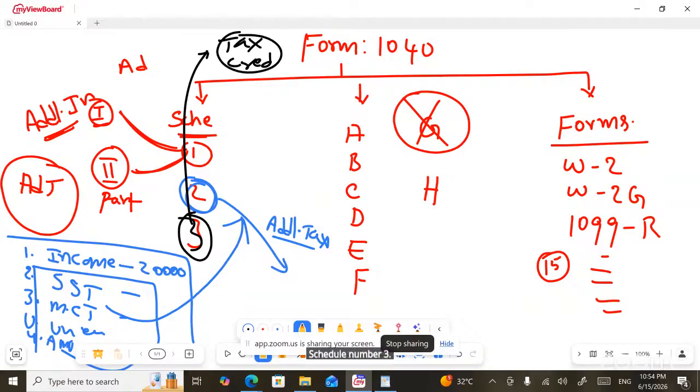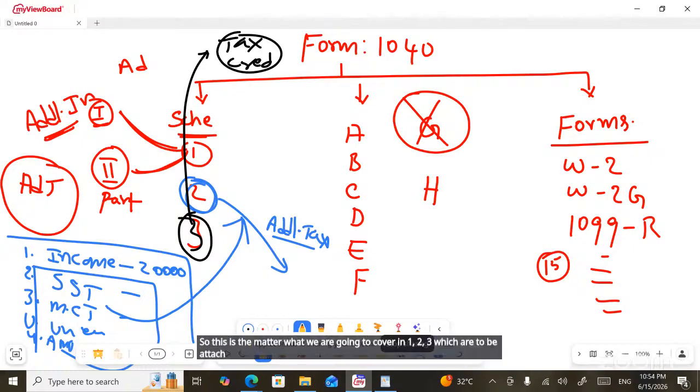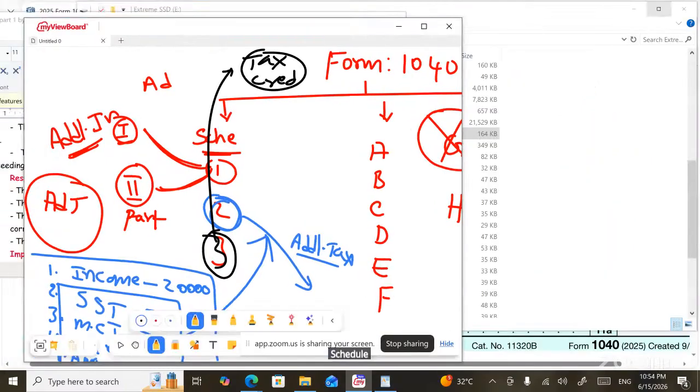So, schedule 1, adjustments. Schedule 2, additional taxes. Schedule 3, tax credits. This is what we are going to cover in 1, 2, 3, which are to be attached to the main form, number 1040.